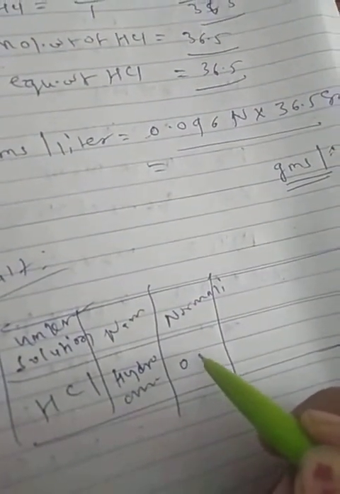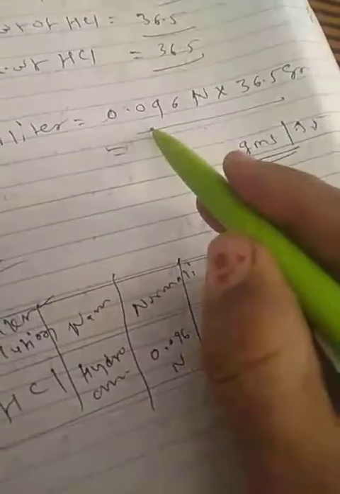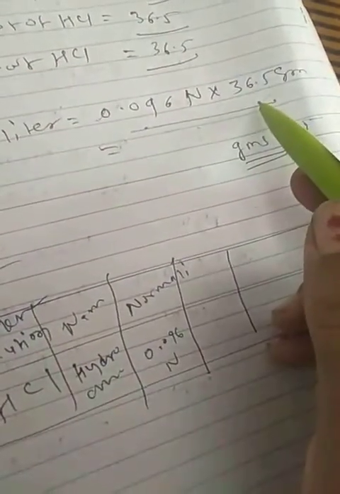Then the unknown solution's normality, which you found, is 0.096 normal, and grams per liter, which you find by multiplying 0.096 by the equivalent weight. This is also called the concentration. Write here grams per liter. In this way you make a good result column.